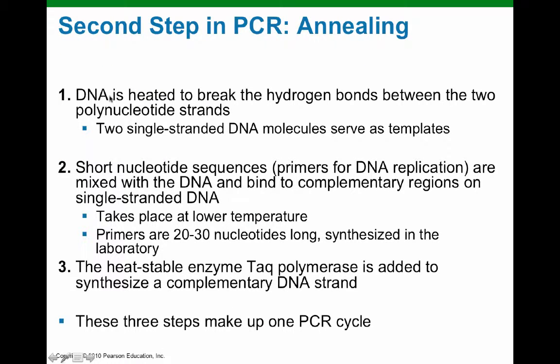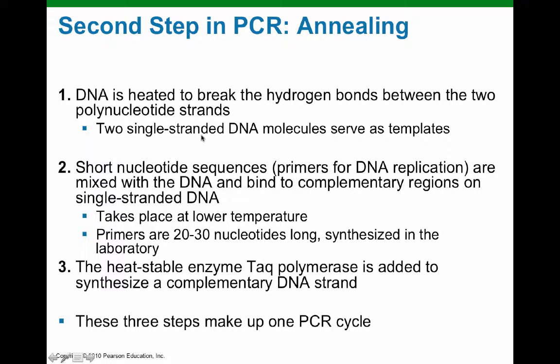So number one, the DNA is heated to break the bonds, and the two single-stranded DNA molecules serve as templates. Then those templates serve as the way in which the DNA can be amplified for future generations.